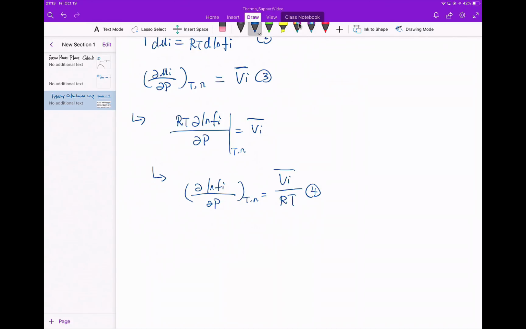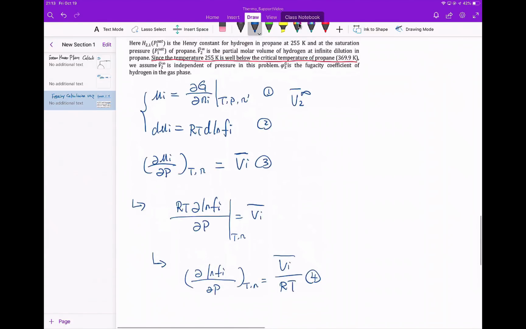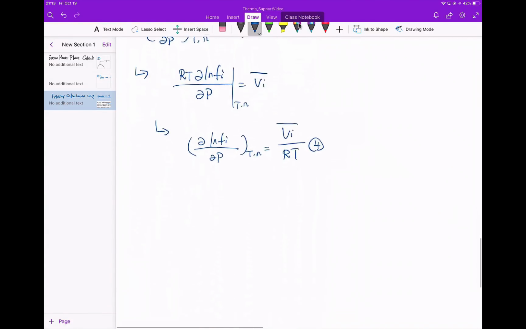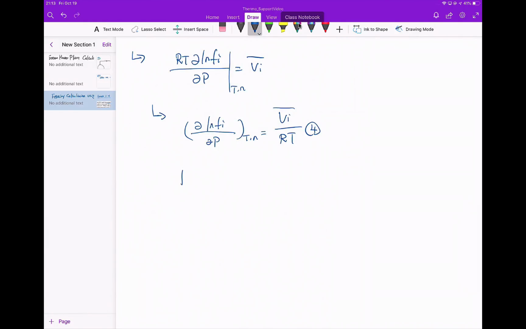Then the problem statement also says that we are going to use Henry's law. So what is Henry's law? Henry's law says component 2, hydrogen, solubility in the propane would be X2 times H2. Okay, so here's a little bit challenging part. Now if you try to combine equation 4 and equation 5, you see that we have a term called partial log f_i, and I have the fugacity definition over there.